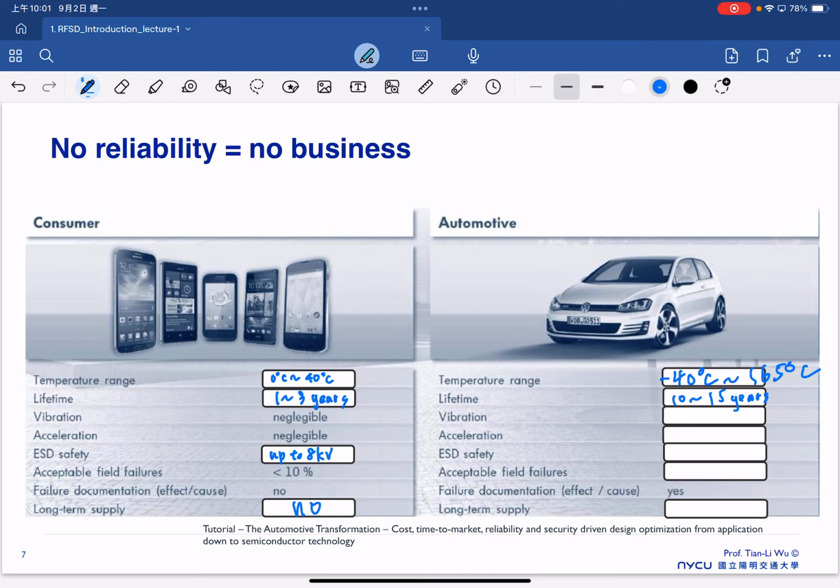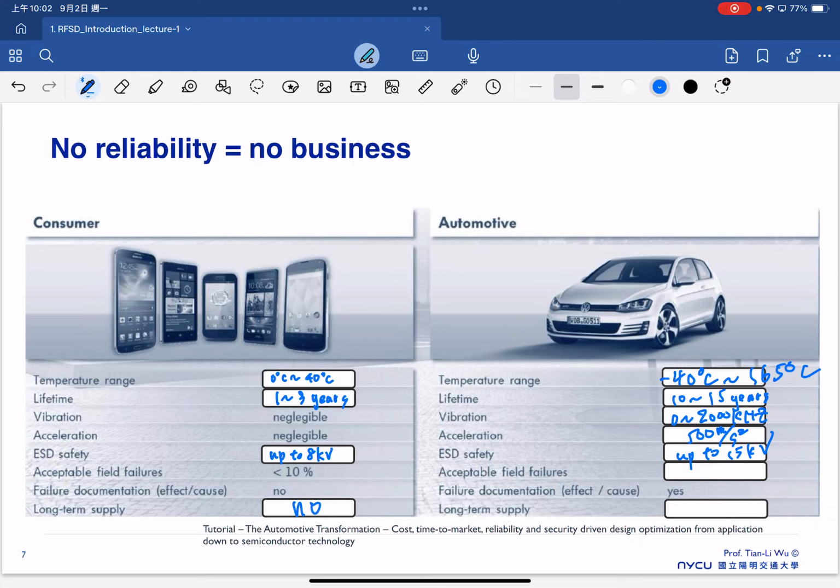So therefore, we have to make sure the electronics inside the automotive can also survive such long durations. And once we're driving, we also need to consider the possibility of vibration, and also acceleration during the driving. And also the ESD safety is higher, up to 15 kV.